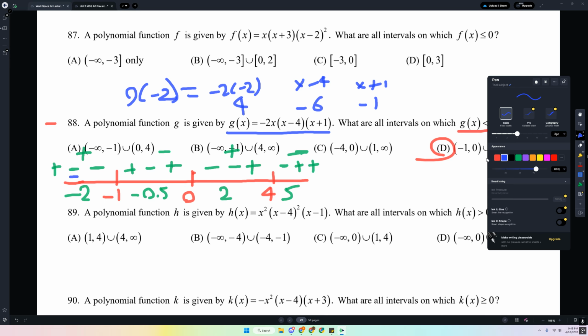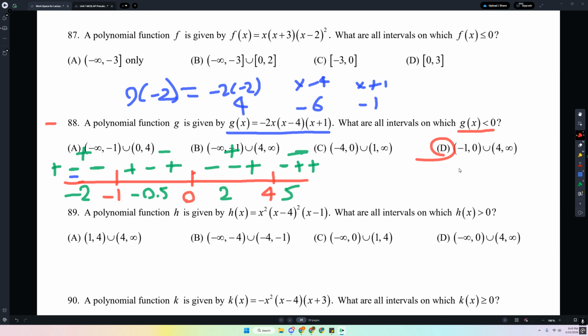And if you wanted to try to graph it, you know it's a cubic, because it's to the power of 3 and it's negative, so it's going to be going down this way. There's a point at 4, a point at negative 1, and a point at 0. So we're going to go down, up, and then down.